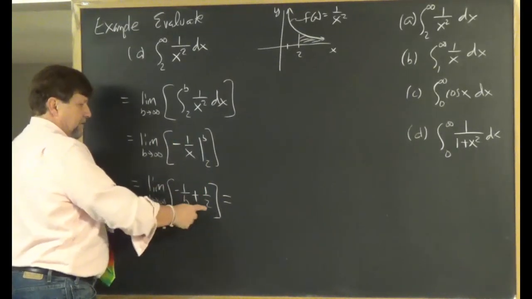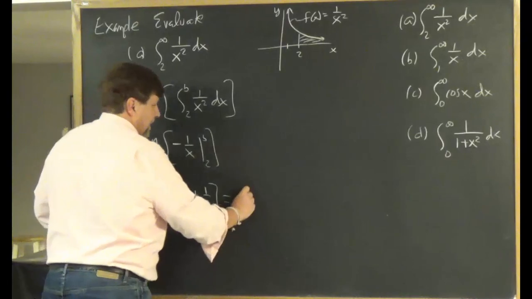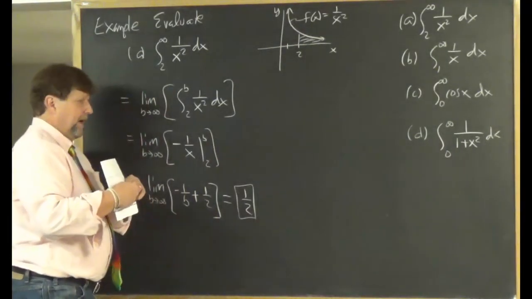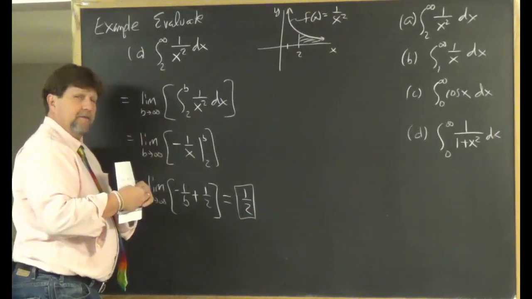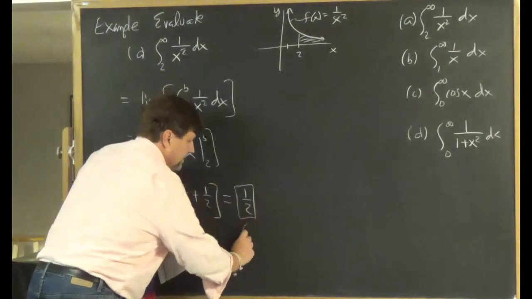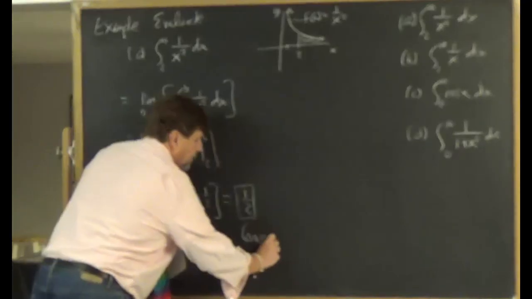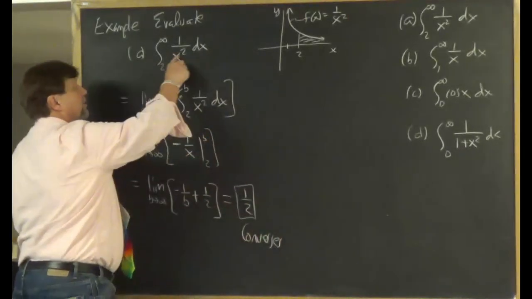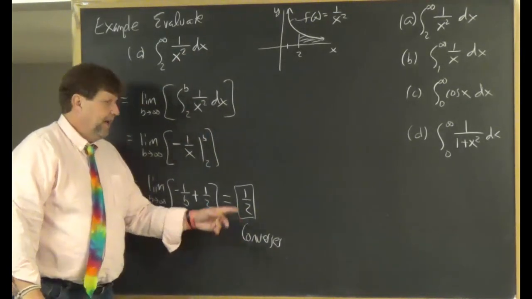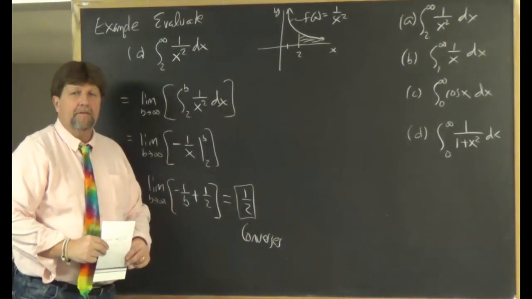The limit as b goes to infinity of 1/2 is 1/2. So we ended up with a finite positive number. So the vocabulary: this tells us that our original improper integral converges, and it has a value of 1/2.